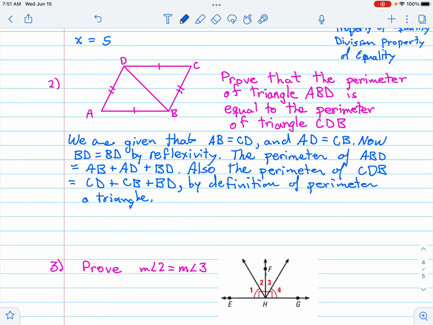And we could say this, since the corresponding sides are of equal length, their perimeters are equal.